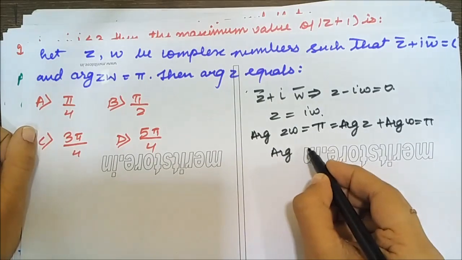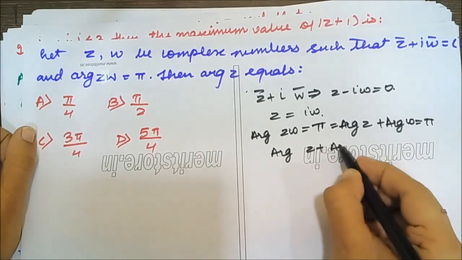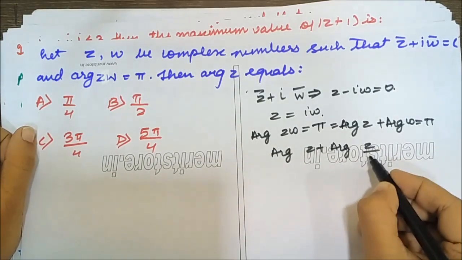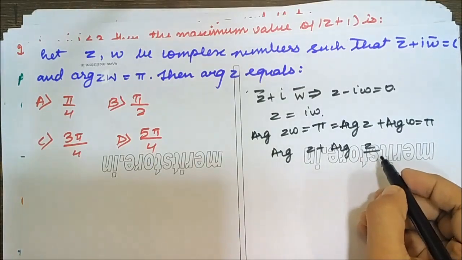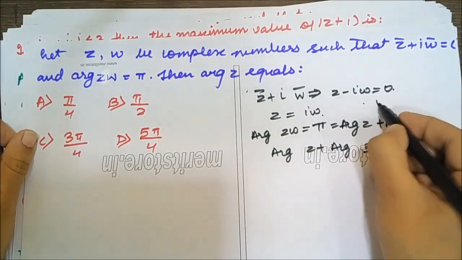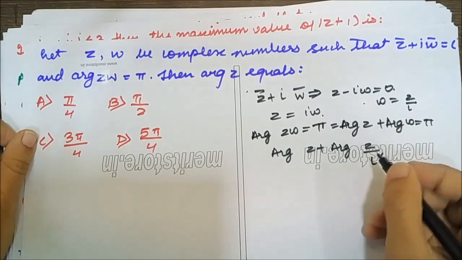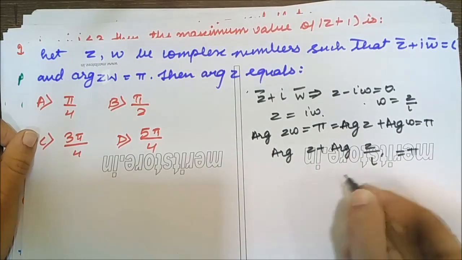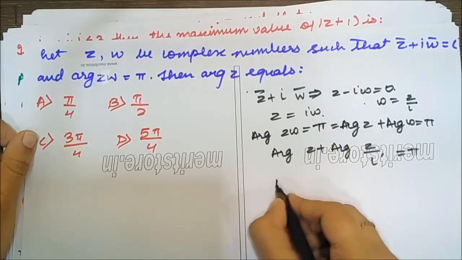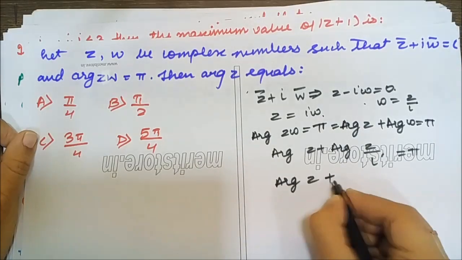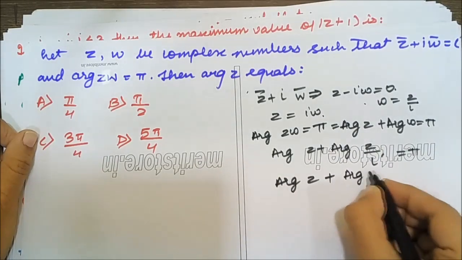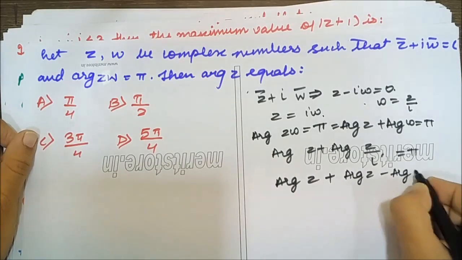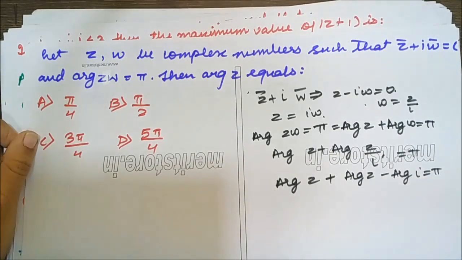So argument for z plus argument of z upon i, instead of w I am writing z upon i, is equal to pi. So argument for z plus argument of z minus argument of i is equal to pi.